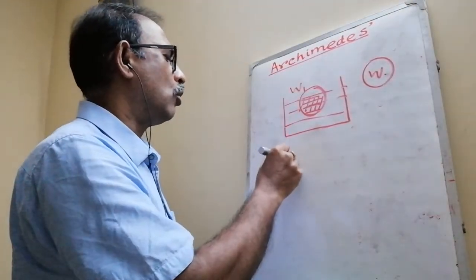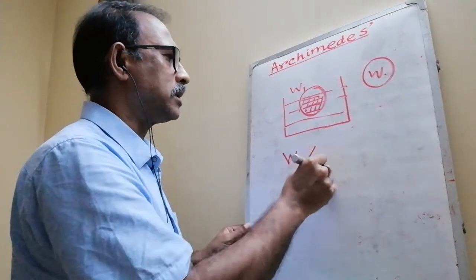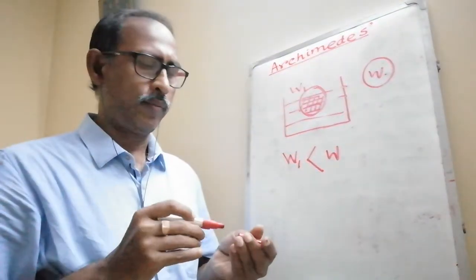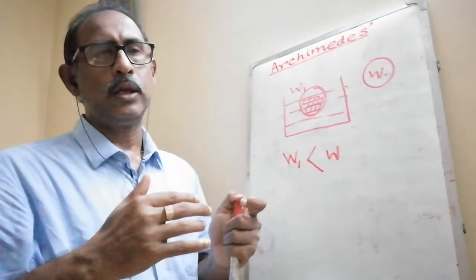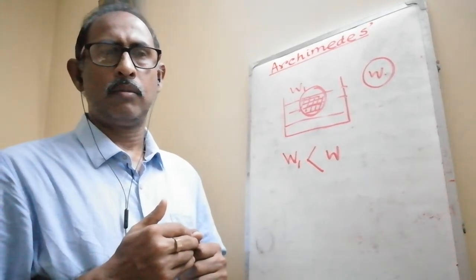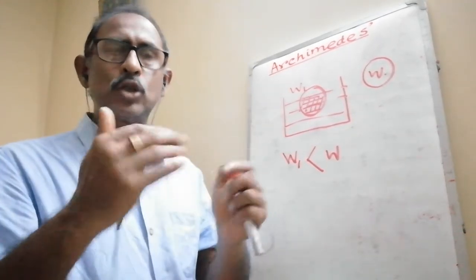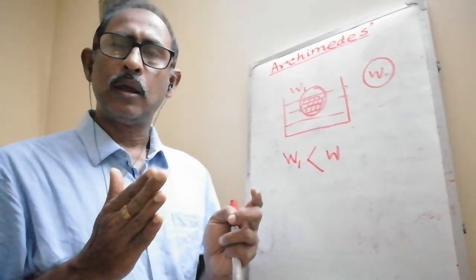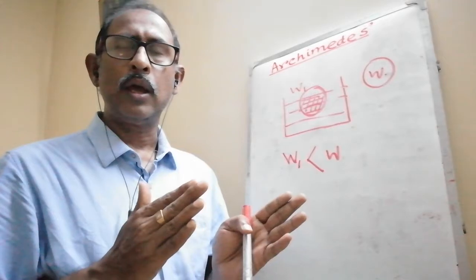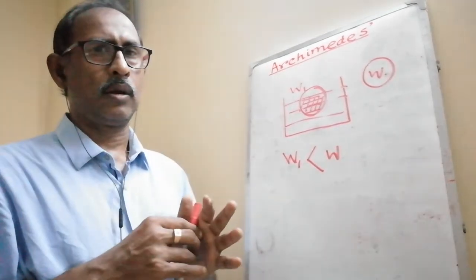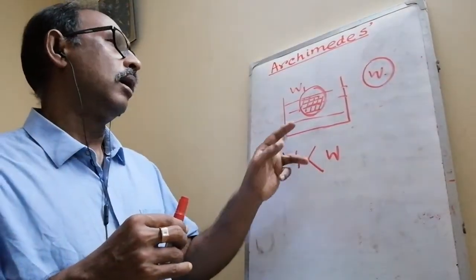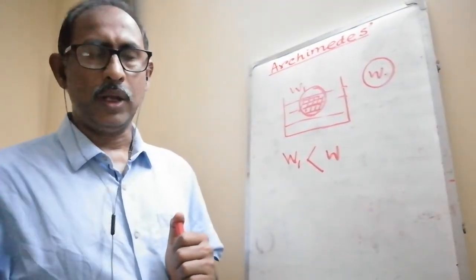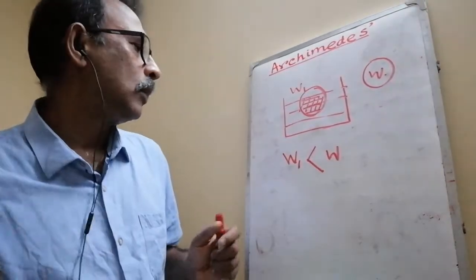This W1 must be less than W, the weight in air. That means when the object is immersed into a liquid, it loses a part of its weight. This is the second part of Archimedes' principle. Now, the third part.